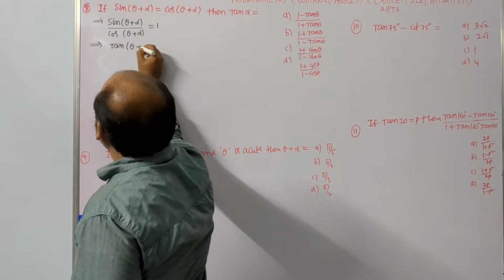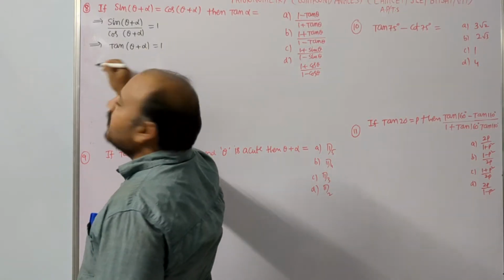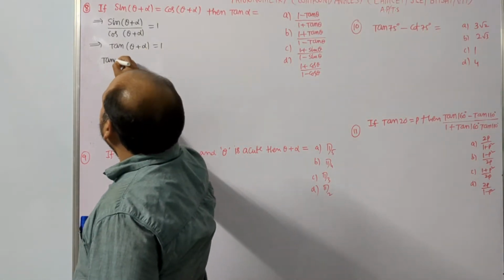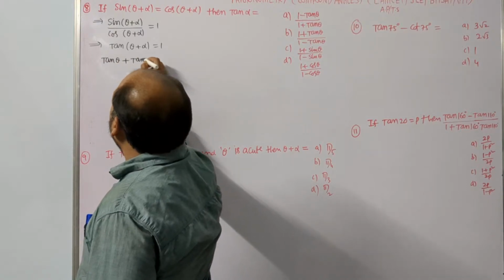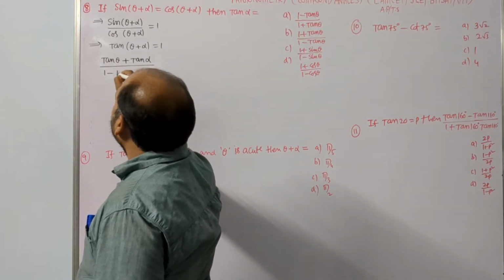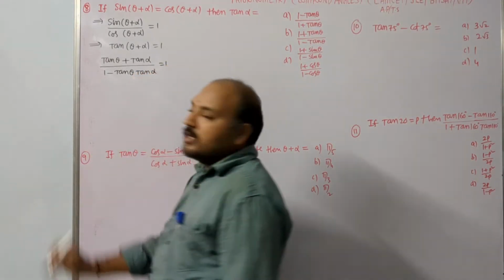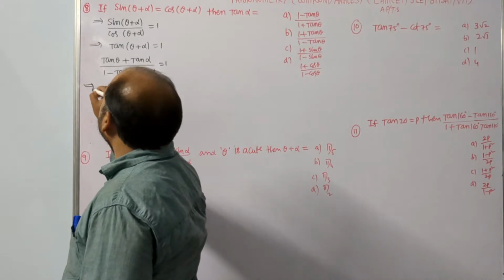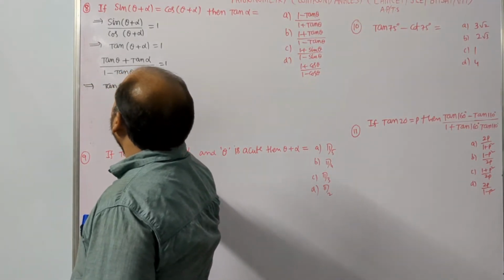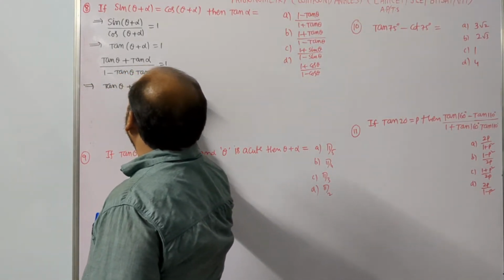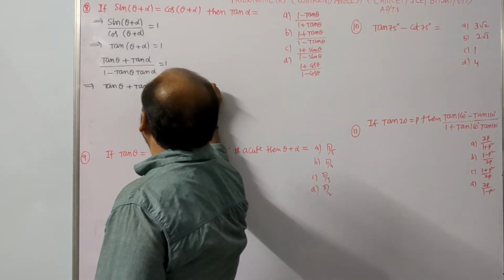Tan of theta plus alpha is equal to 1. Tan of a plus b formula: tan theta plus tan alpha divided by 1 minus tan theta into tan alpha is equal to 1. So cross multiply, dear students. Tan theta plus tan alpha is equal to 1 minus tan theta into tan alpha.